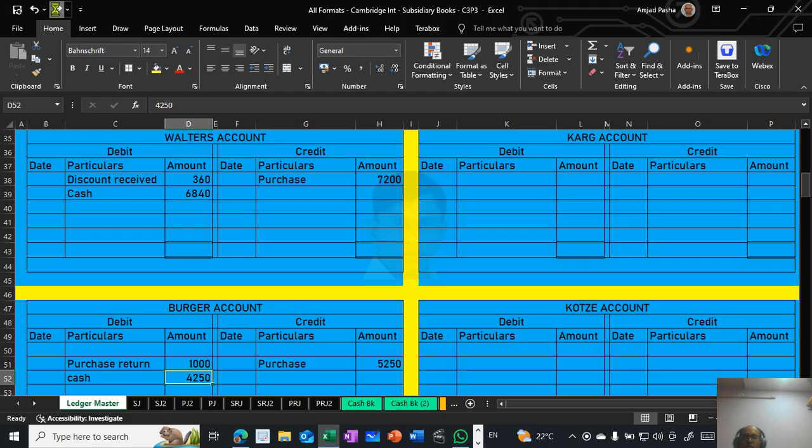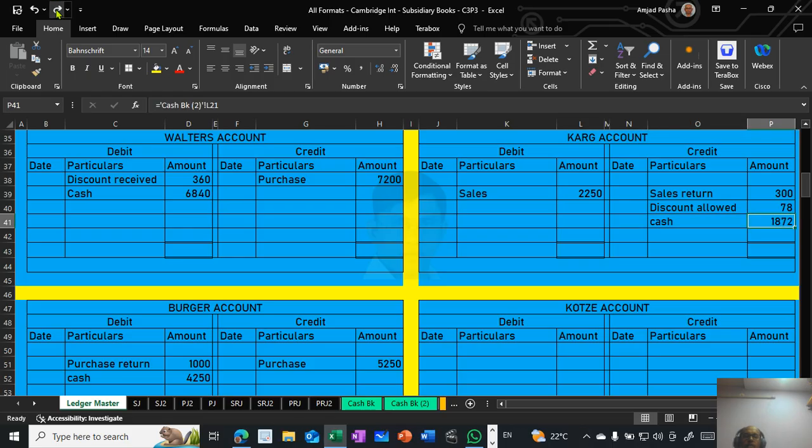Then Carg. We have sold goods to Carg. So we have to enter sales. We have to prepare Carg account. We have even made the sales return to him. So we allowed him discount. So we have to record that, and we have received cash.